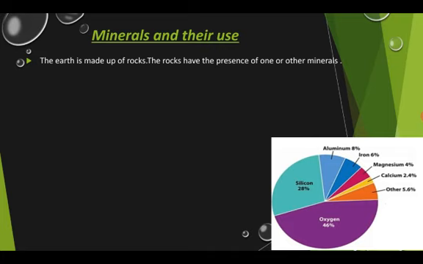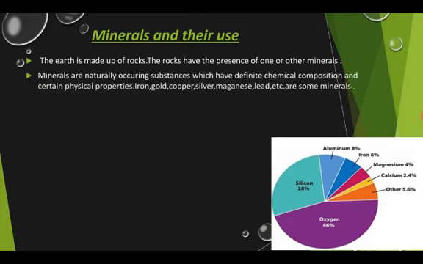In this chart you are shown the different minerals which have helped the earth in its formation. We can see silicon, aluminium, iron, magnesium, calcium, oxygen and the other minerals which are helpful for the formation of the earth. So what are minerals?